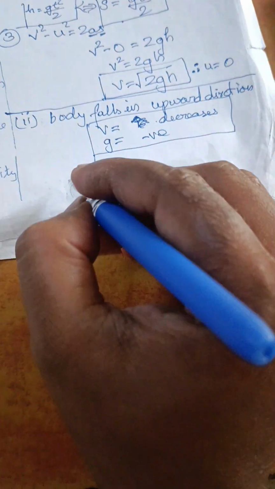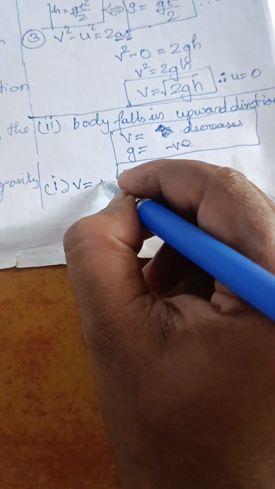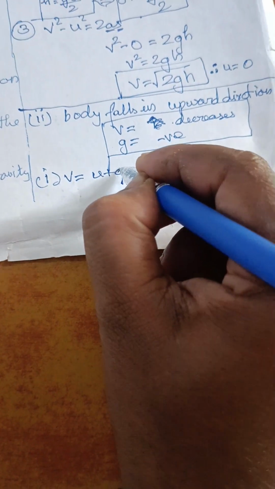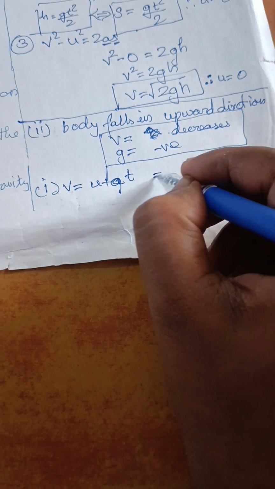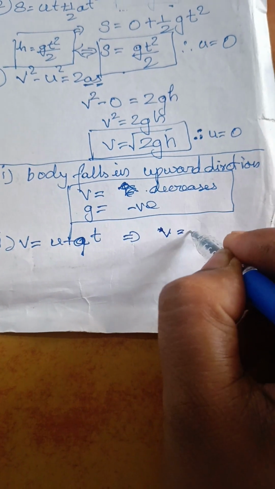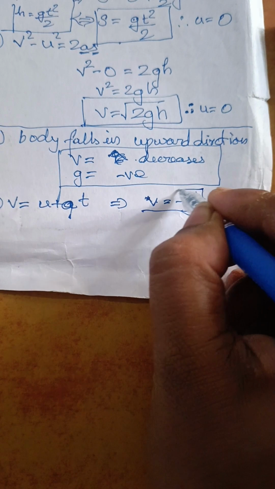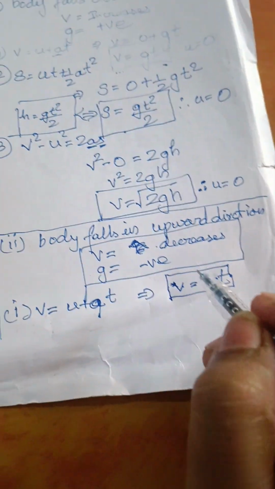So how can we represent it here? The very first equation of motion, v is equal to u plus at, which is also written as v is equal to minus gt. v is equal to minus g into t. This is the first equation of motion we need to understand there.